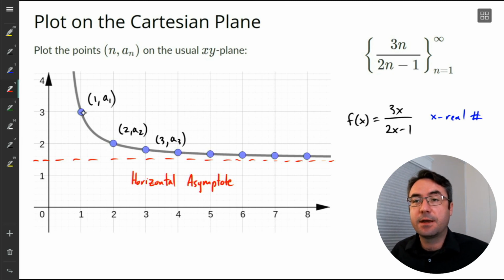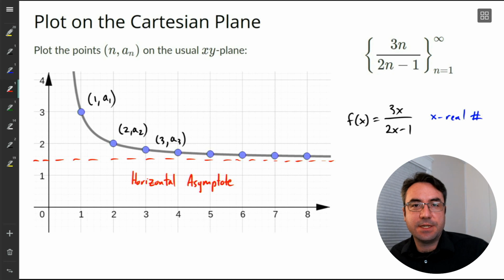But it looks like all of these points are getting closer and closer to that line, that horizontal line. So again, when we see that kind of behavior visually, really what's going on is it's some kind of limit that we're really interested in. So we're going to talk about that next time.